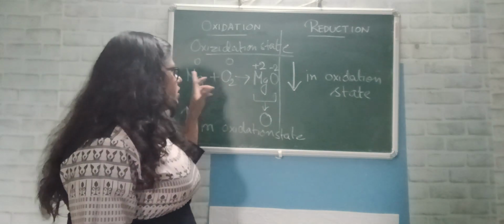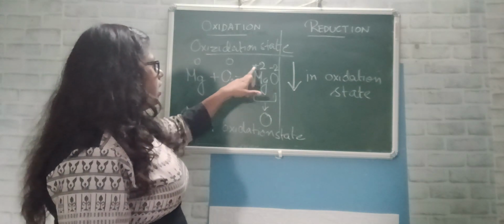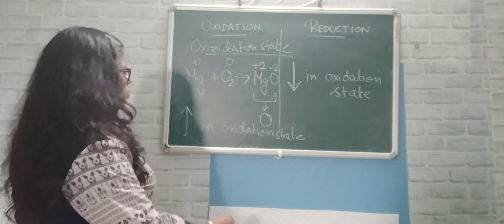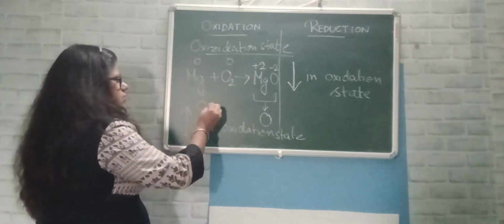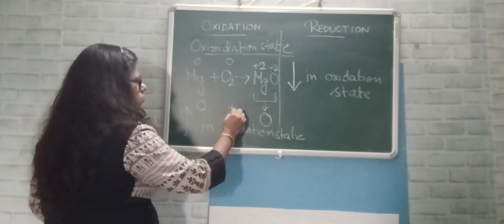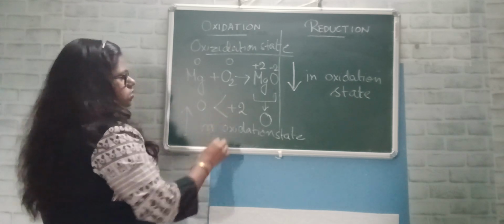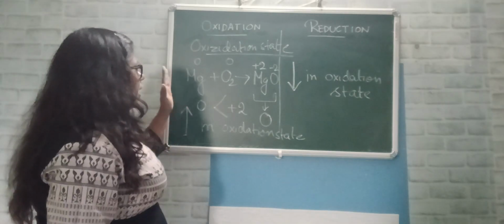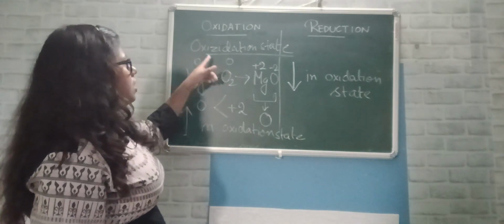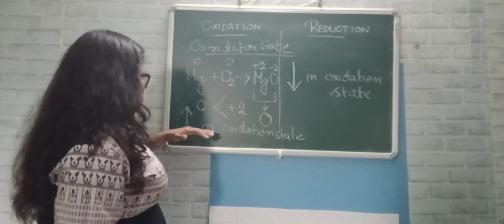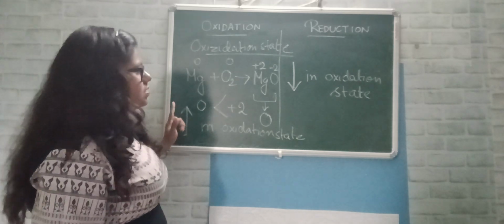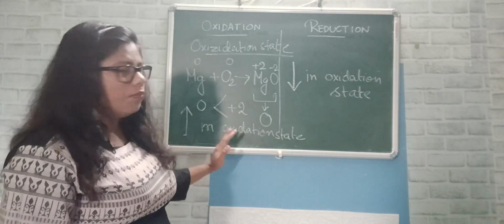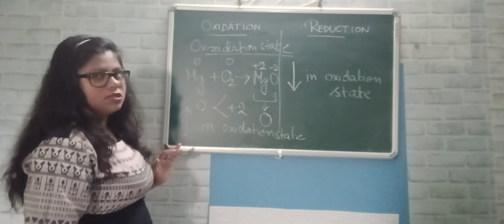In the product side, or after the reaction, its oxidation state is +2. So we all know that if you compare 0 and +2, +2 is always greater than 0. That's why in a process of oxidation, you will always get an increase in oxidation number.